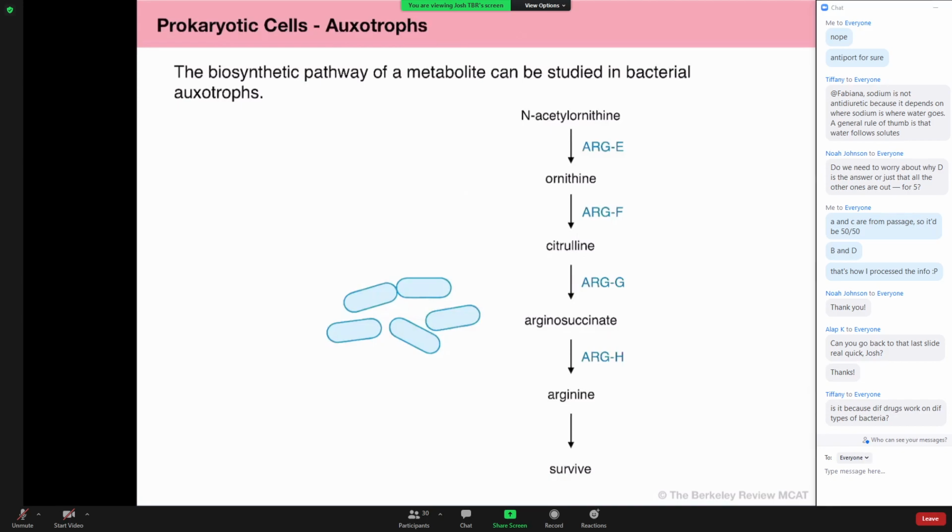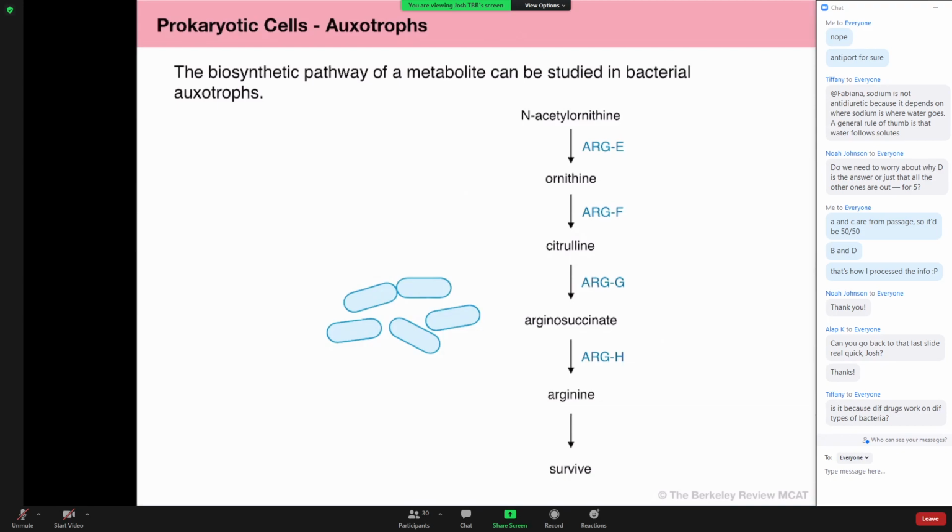So prokaryotes, right? For a lot of reasons, they're just much simpler than eukaryotes. There's no membrane-bound organelles. Their cells can uptake things much easier. This means that a lot of molecular research and genetic engineering is done on prokaryotes, right? And so prokaryotes are a really good tool to study biosynthetic pathways, to study gene functions.